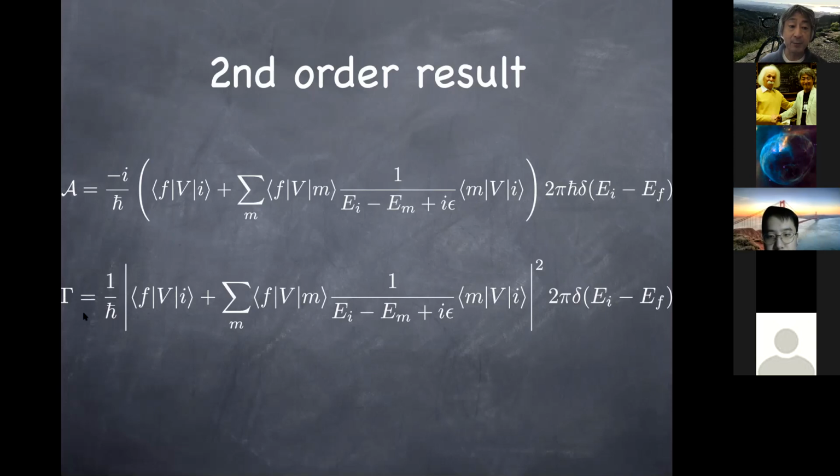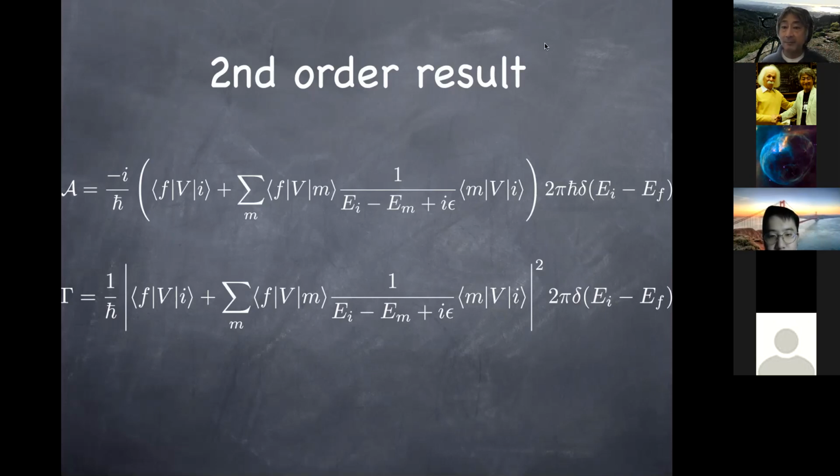So the rate of the transition is then given by this expression. Again, if you ignore the second order piece, then that reproduces Fermi's golden rule. But now I have this additional piece at second order perturbation theory, and we can apply it to physical processes. Okay, so that's a summary of the second order result for Fermi's golden rule.